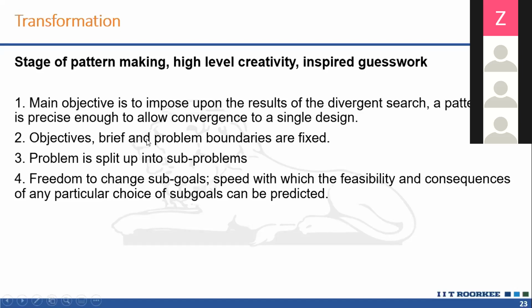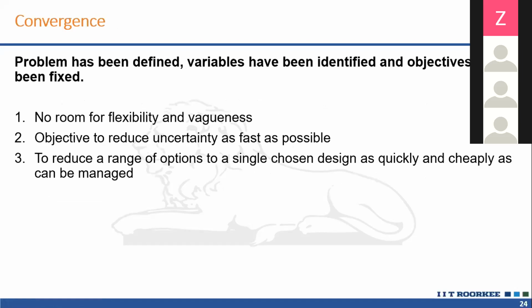So it is very important that at this stage, when we are fixing this, we are ensuring that we are not missing out or leaving out any particular detail. And now this is the final stage where we are converging, and the problem has been defined, variables have been defined, everything has been fixed, and there is no room for flexibility anymore.